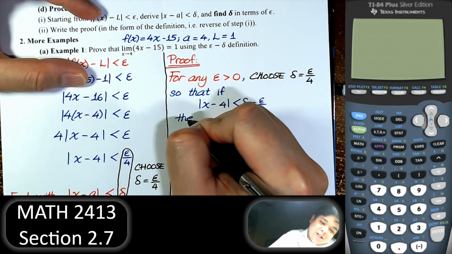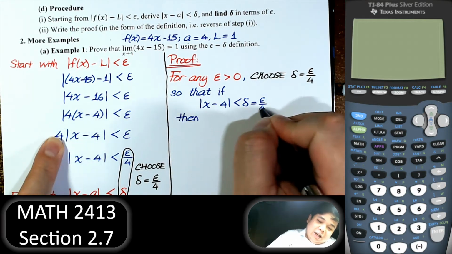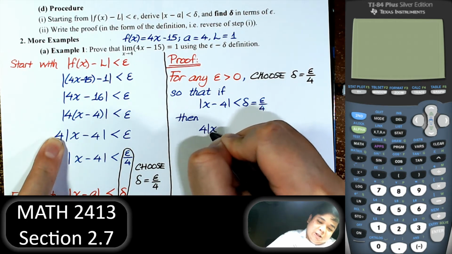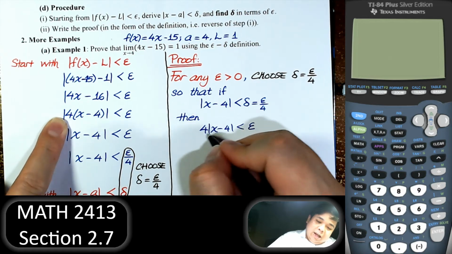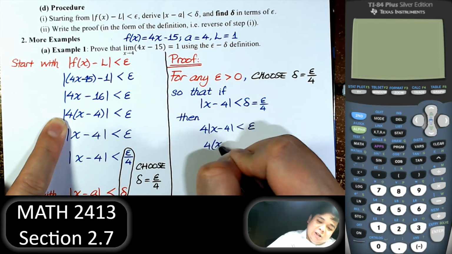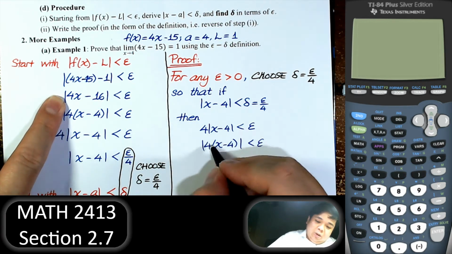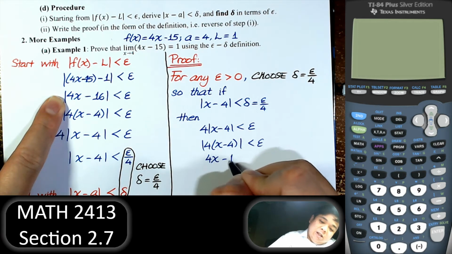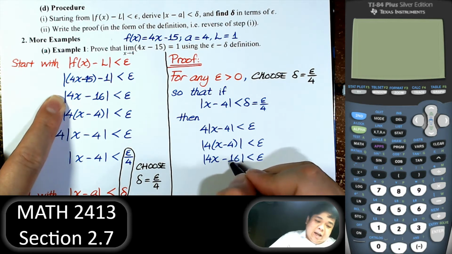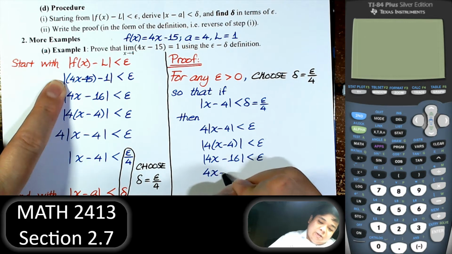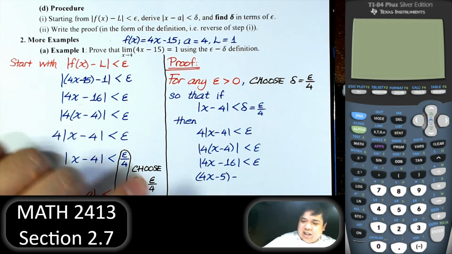then now we write in reverse. Multiply the 4 over and take the 4 inside, and we write that as 4x minus 16, and we write that as 4x minus 15 minus 1. Keep doing that.